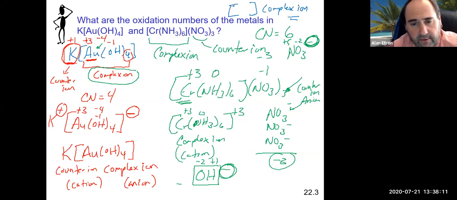The other important thing within a complex ion is something known as the coordination number. The coordination number is how many donor atoms are bound to the metal in the complex ion. Remember that ligands can be monodentate, which means each ligand attaches with only one atom to the metal, like the examples here, hydroxide and ammonia.